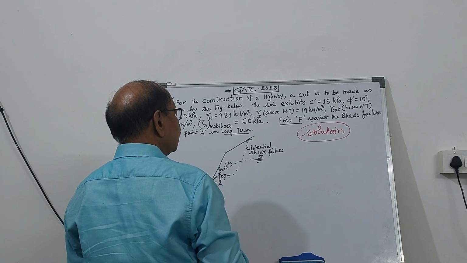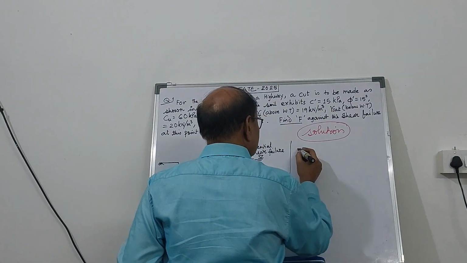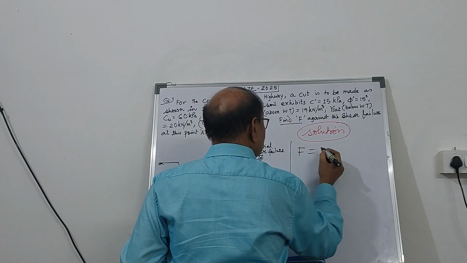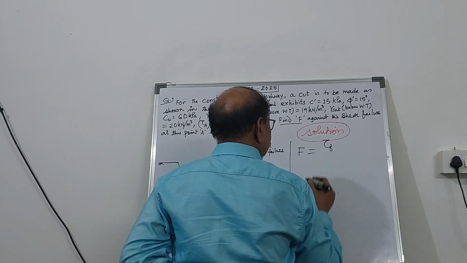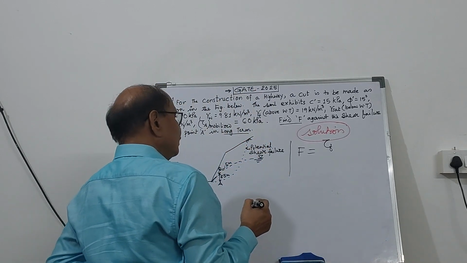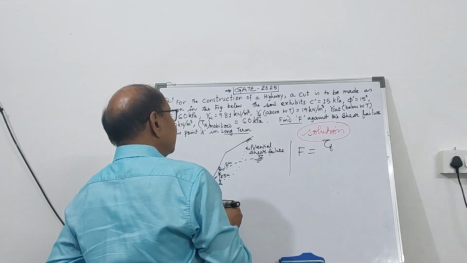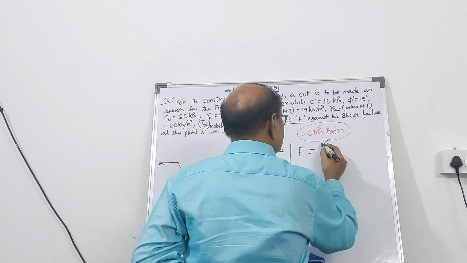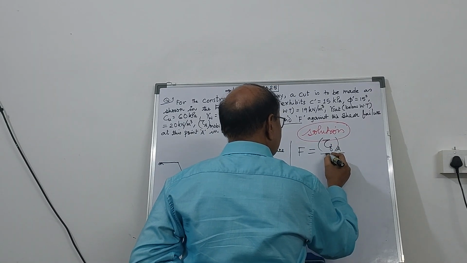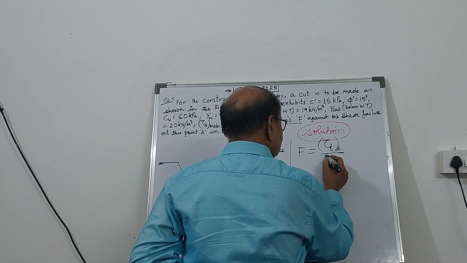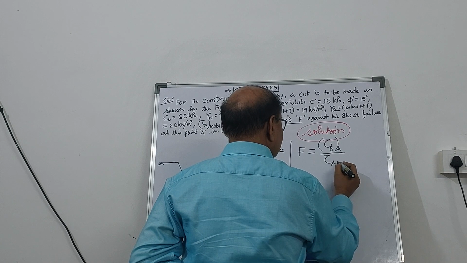Here, the factor of safety F will be tau F, that is the shearing strength at point A, divided by the shear stress mobilized at point A.